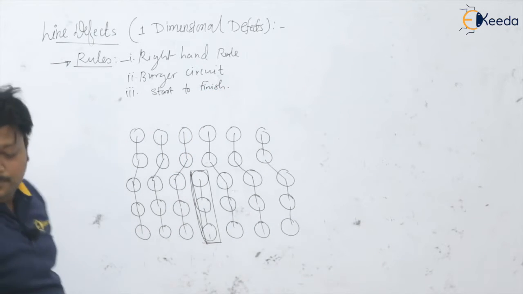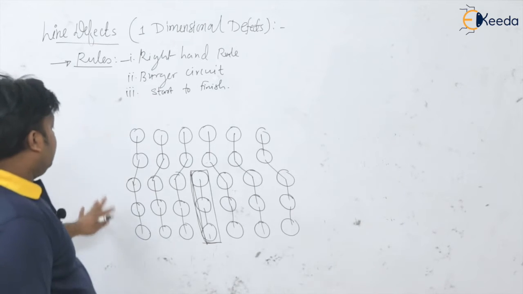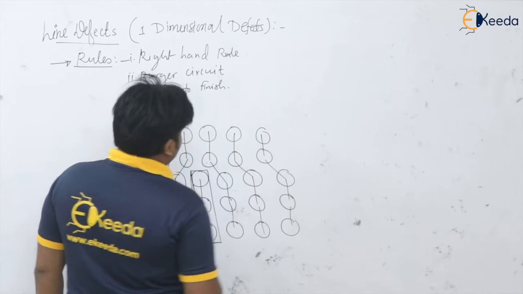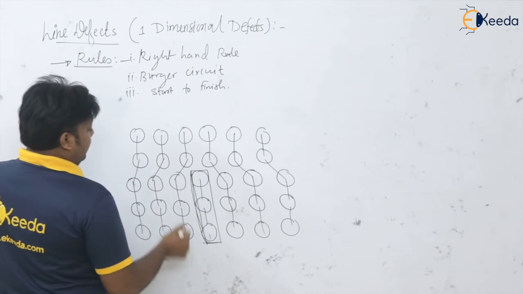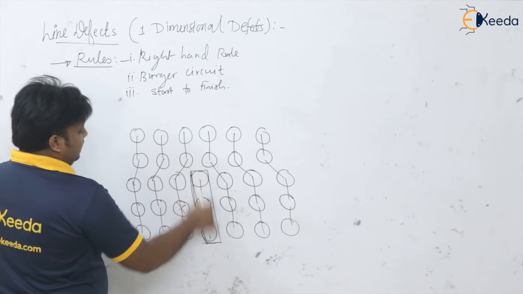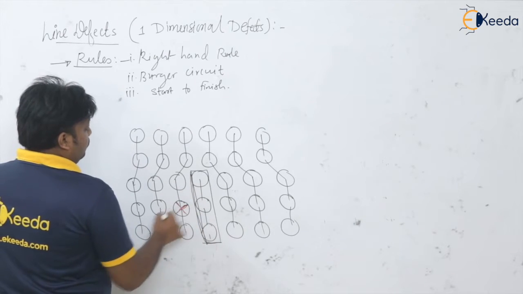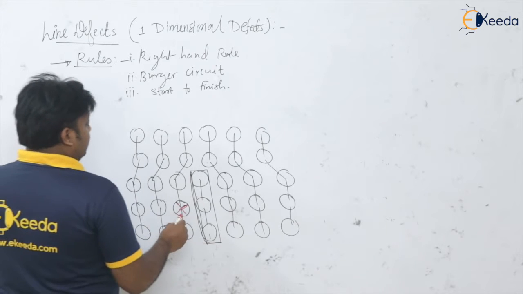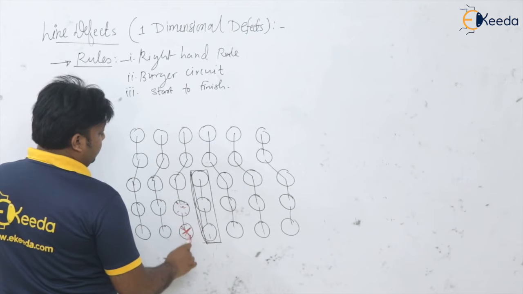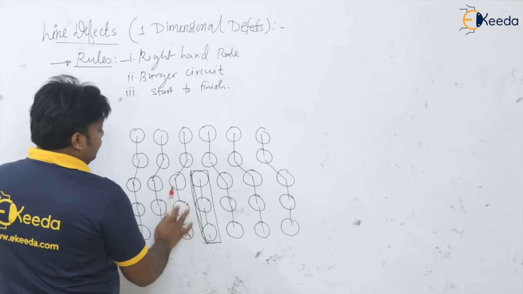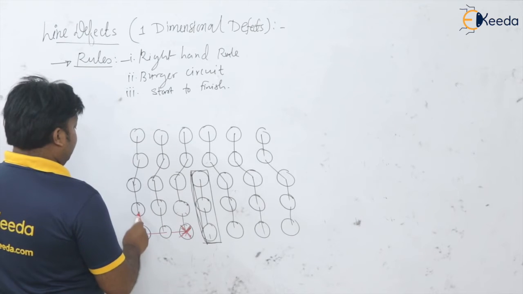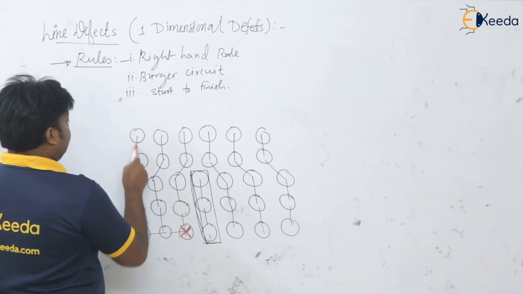So in this edge dislocation, suppose I am going to find out the Burgers vector. Say I am taking this atom at the dislocation site, this is the extra half plane. From this point, this atom I am taking, I will go left by 2 atoms, 1, 2, up by 4 atoms, 1, 2, 3, 4.